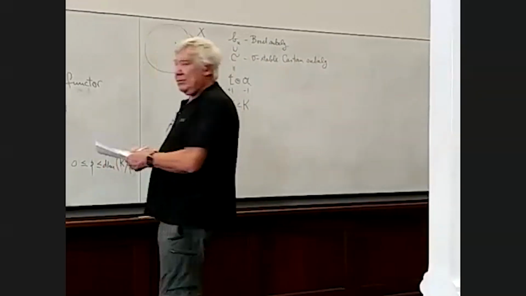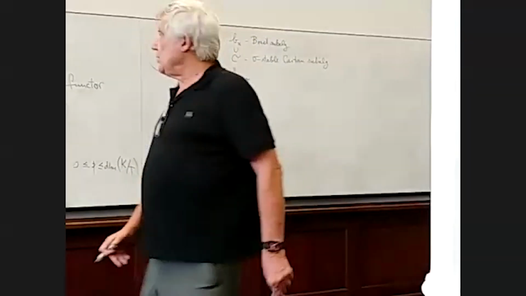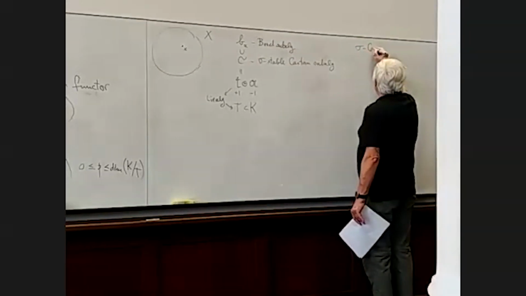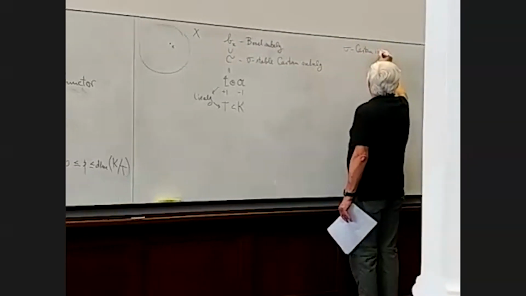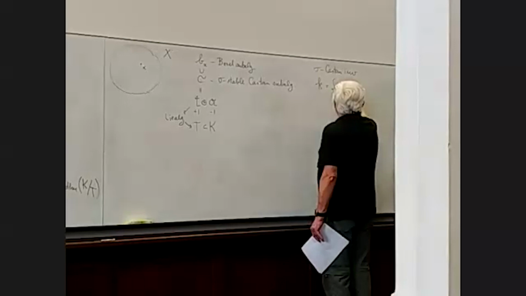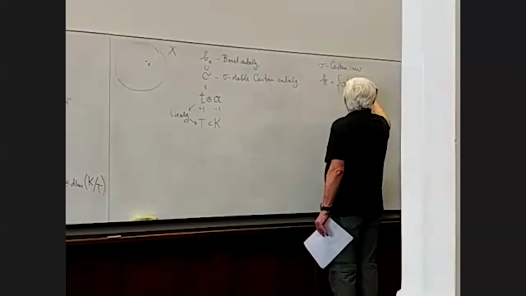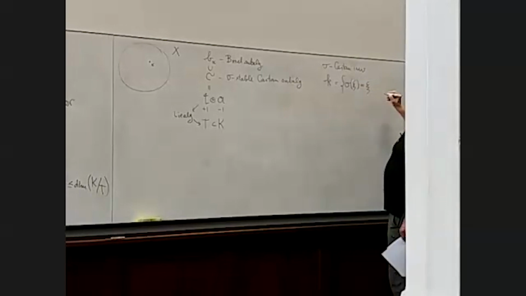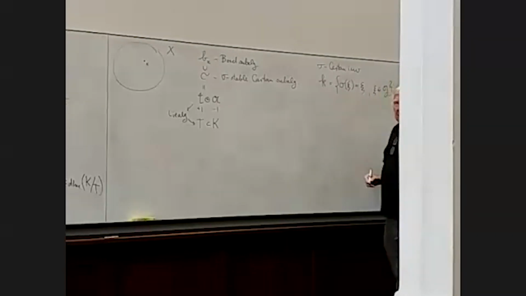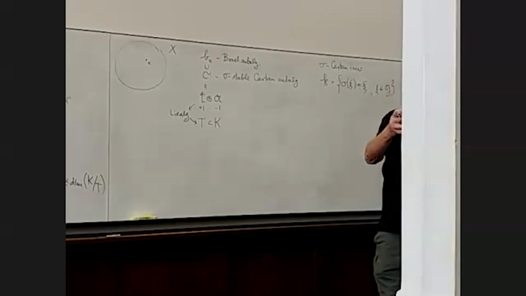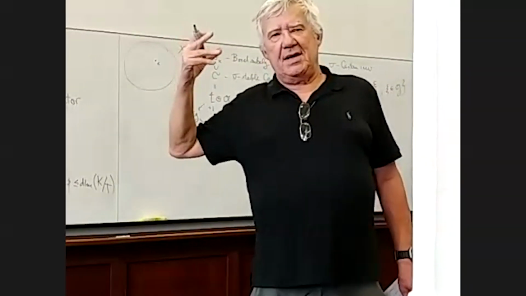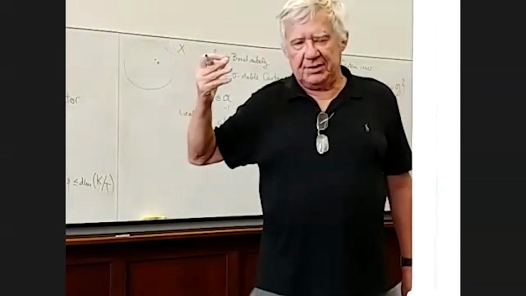Dragan, what's sigma in this picture? Sigma is the Cartan involution. So the Lie algebra of K consists of the fixed points of sigma in g. You take the maximal compact subgroup, you complexify it, and its Lie algebra is the fixed points of the Cartan involution.